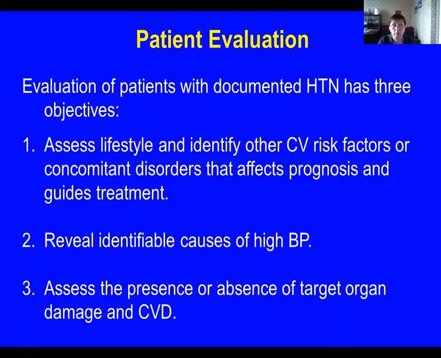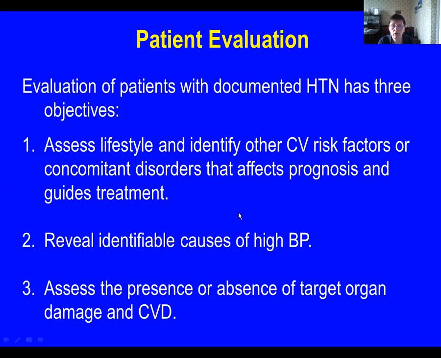Well, patient evaluation. To evaluate or examine the patient with high blood pressure, we use not only the measurement of blood pressure, so we have a lot of other objectives. First of all, we assess the lifestyle to find out cardiovascular risk factors or concomitant disorders because they affect prognosis.